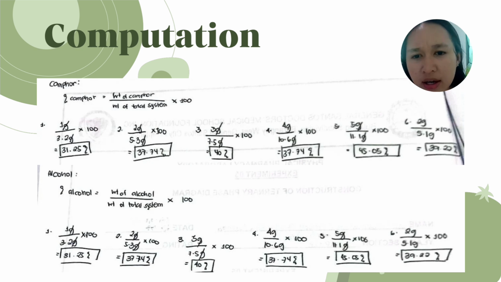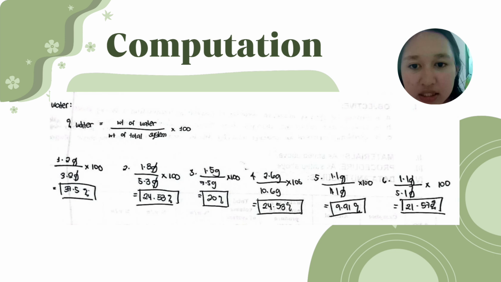While for alcohol, percent of alcohol is equal to weight of alcohol divided by the weight of the total system times 100. And for water, percent of water is equal to weight of water, divided by weight of the total system, times 100.